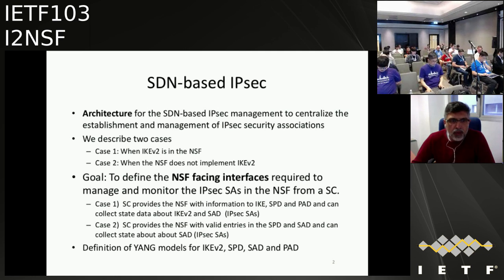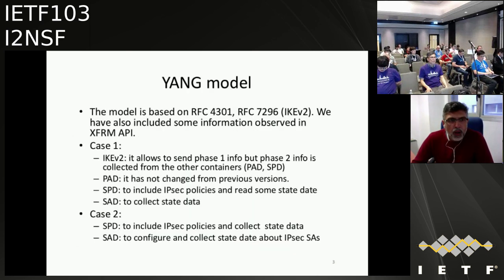Regarding the changes from the draft 02, next slide please. The changes are mainly in the security considerations, section 9, where we have emphasized the necessity of a security association between the security controller and the network security function.